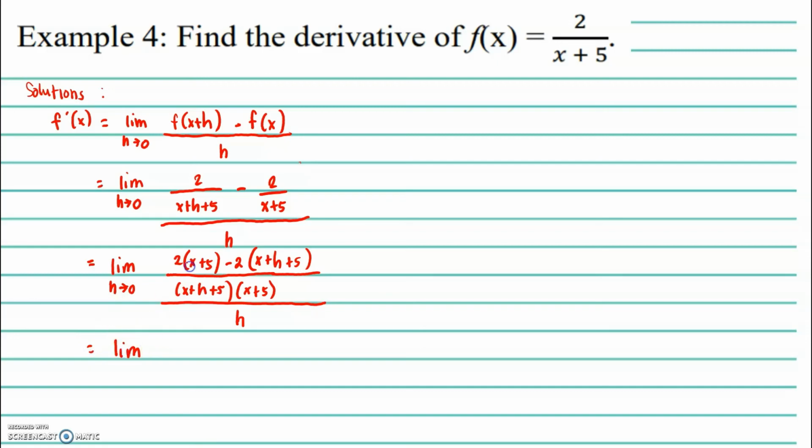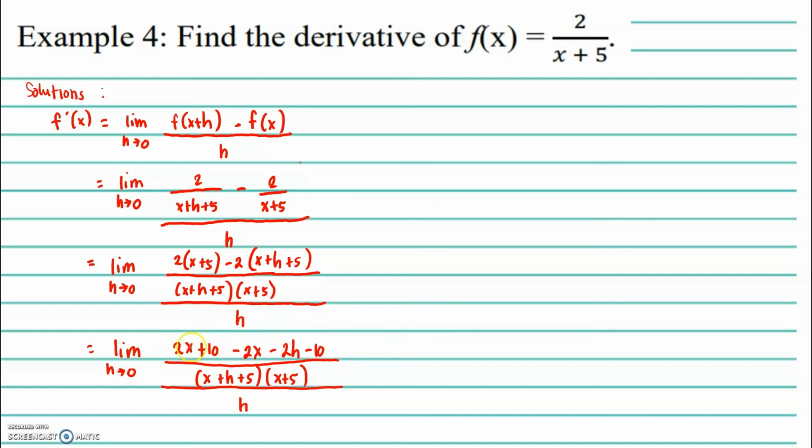We have the limit of 2x plus 10 minus 2x minus 2h minus 10 all over x plus h plus 5 times x plus 5 over h as h approaches 0.